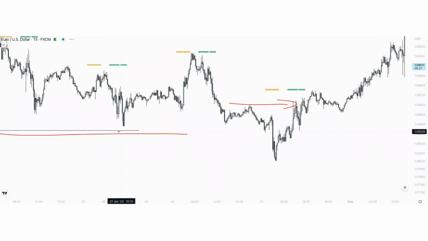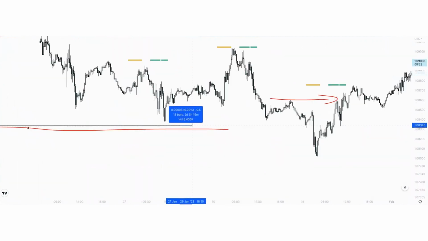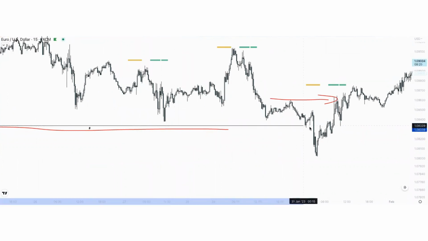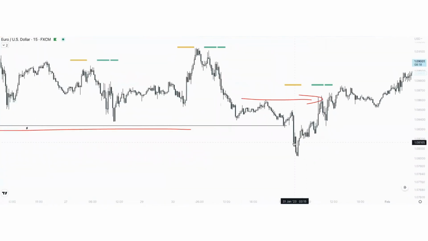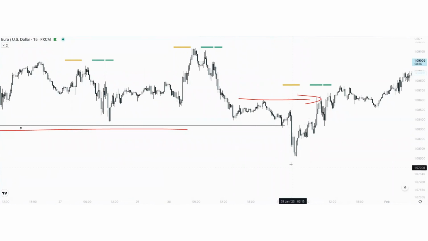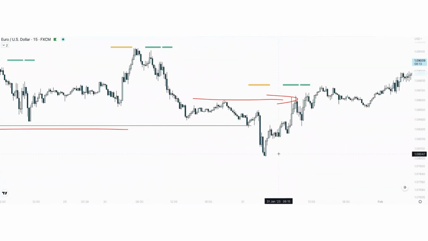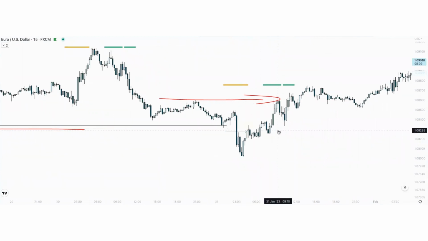That really swept the liquidity below this price level. It really took time to sweep all of it and then change its character. This is on the 15-minute, but it doesn't really have that momentum move that you would consider a bullish trend.